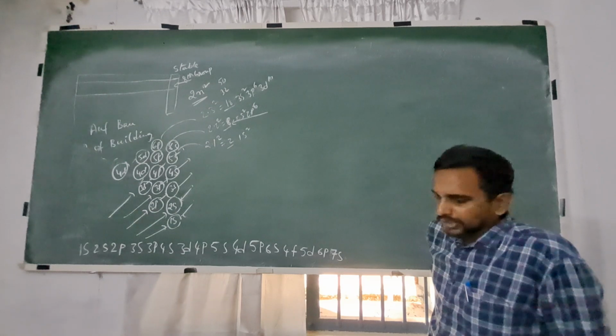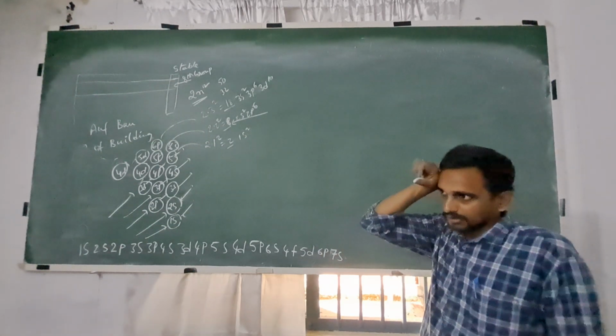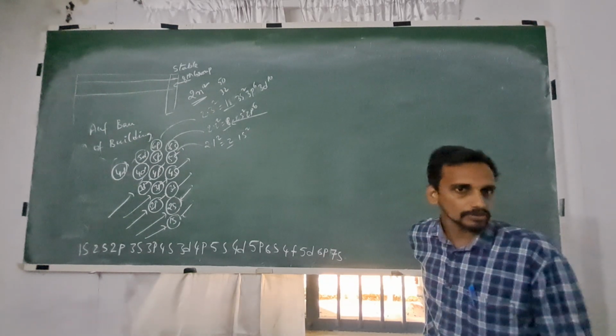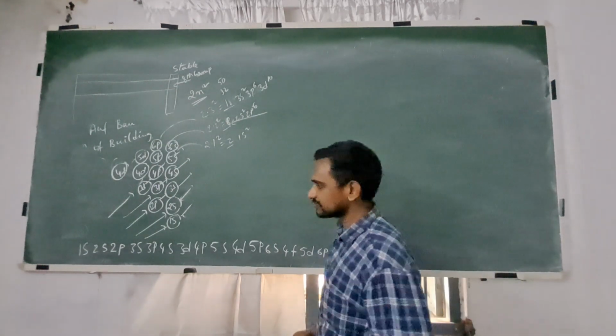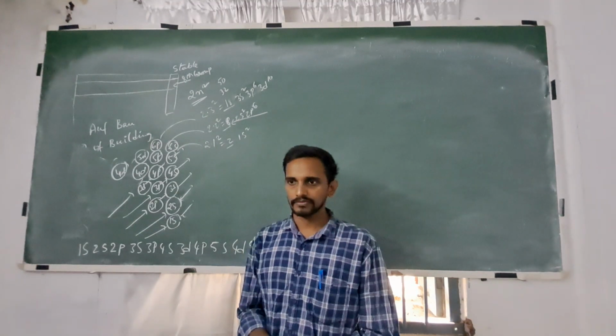So completely filled orbits, atoms with completely filled orbits are stable. Basic rule. Now if you see, what is the maximum number of electrons in the valence shell is a matter of interest.